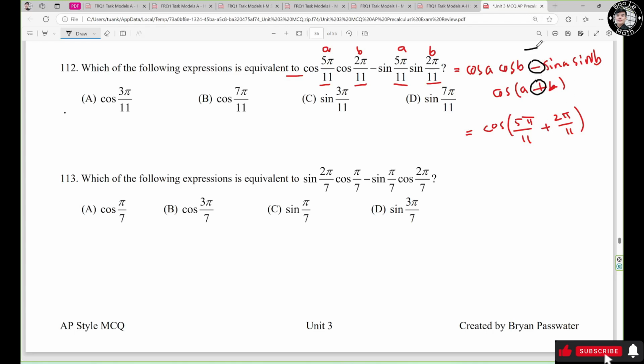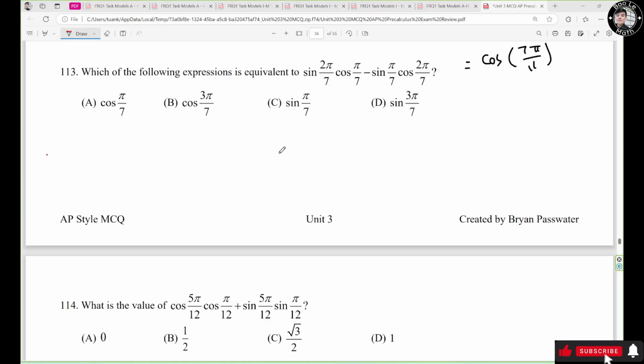If this is a plus sign, this must be a negative sign, so keep that in mind. Now they have the same denominator, so you just add the numerators up. It could be cosine of 7 pi over 11, so the answer must be B.